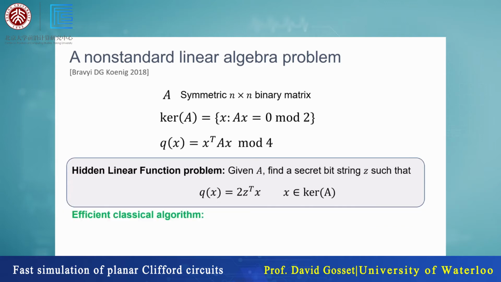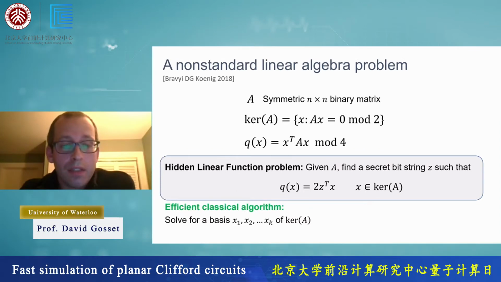Now, there is an efficient classical algorithm for this problem. This is a linear algebra problem, and I want to tell you what that algorithm is, because it's very simple. First, you find a basis of the kernel of A using Gaussian elimination. So you find this basis x1, x2, up to xk.